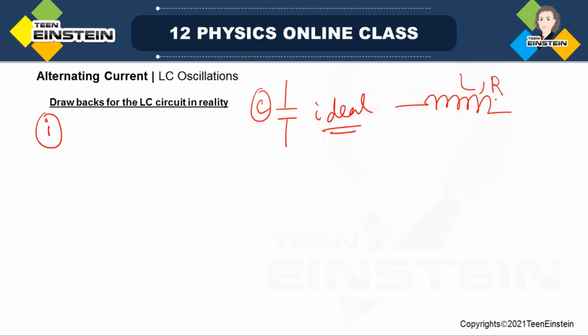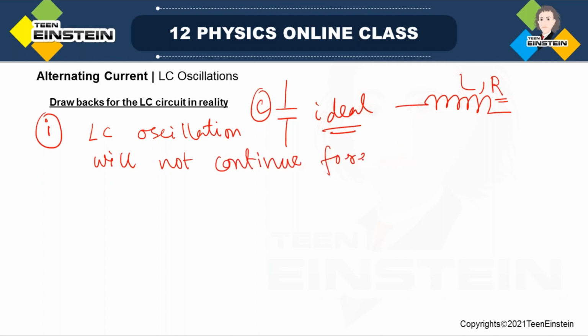In that case, this LC oscillation will not be perpetual, will not continue forever, because R will give some damping. So because of damping or resistive force, the oscillation will stop after a certain interval of time.